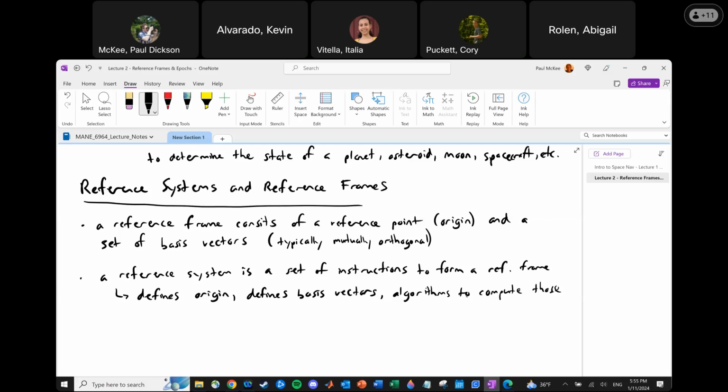There we go. So that means that a reference frame is a realization of a reference system.